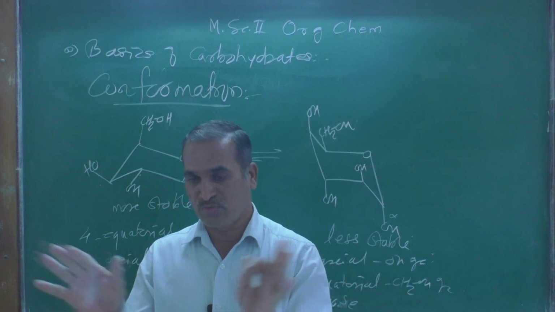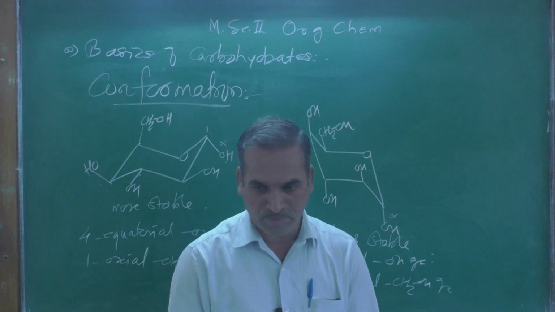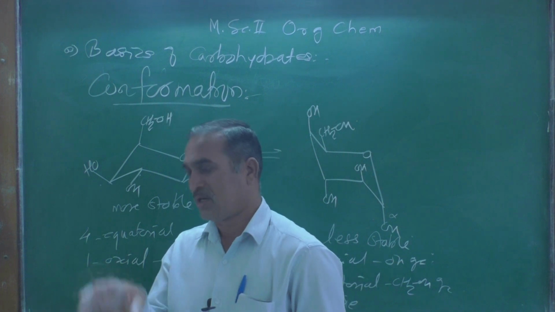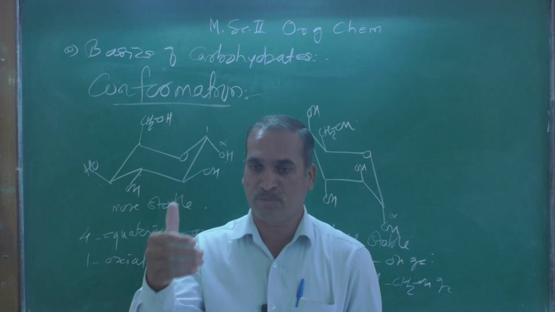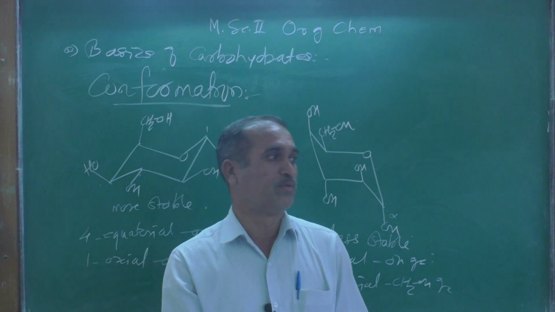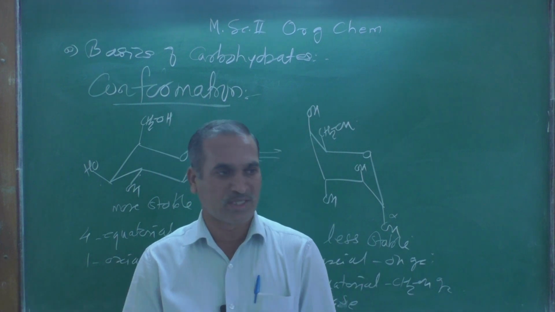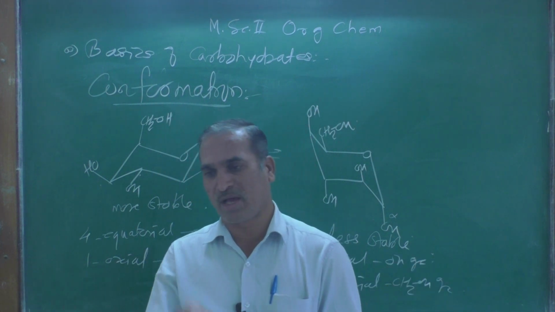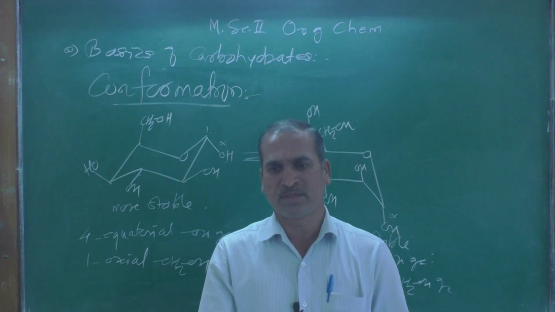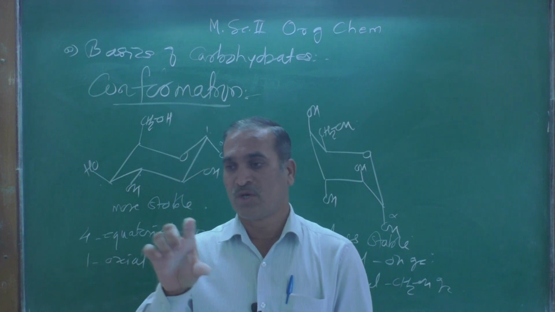For cyclohexane, if you consider chair conformation, boat conformation, twist conformation, half chair conformation, out of that, chair conformation is the most stable because, according to the van der Waals strain theory or Baeyer strain theory, the strain is less, because if you observe their bond angles, it is nearly equal to the tetrahedral bond angle, as we know 109.5 degrees, and therefore the chair conformation is more stable.